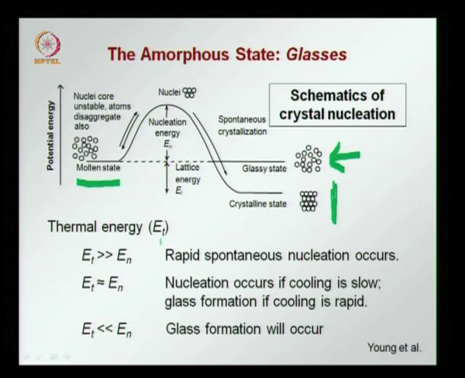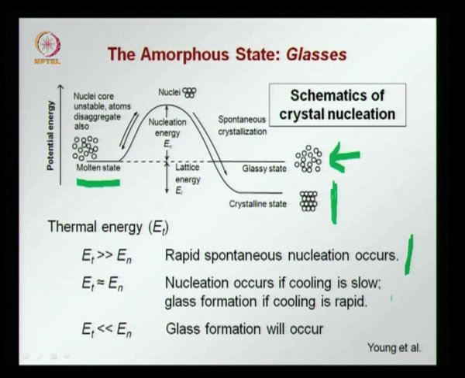Thermal energy E sub T only when it is large enough compared to the nucleation energy, which has to be overcome, you can have spontaneous nucleation occurring leading to crystal forming. If the thermal energy is in the same order as the nucleation energy, you can have the system go one way or the other. Nucleation occurs when the cooling is slow, and glass formation or amorphous structure formation occurs when the cooling is very fast.